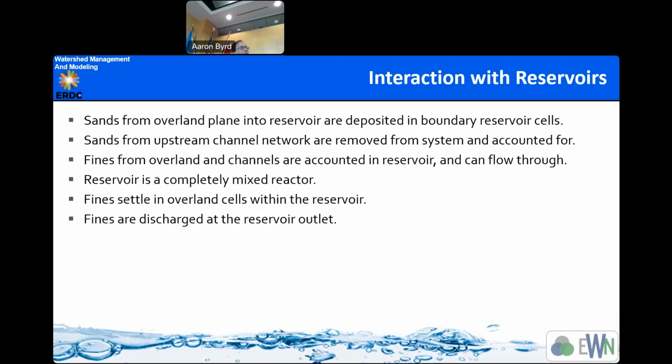If there is some outlet from the reservoir, that portion of suspended particles goes out along with the water flux towards the overland or towards the stream downstream. Once it passes to the stream downstream or to the overland, the sediment again acts with the mechanism that I talked about before.